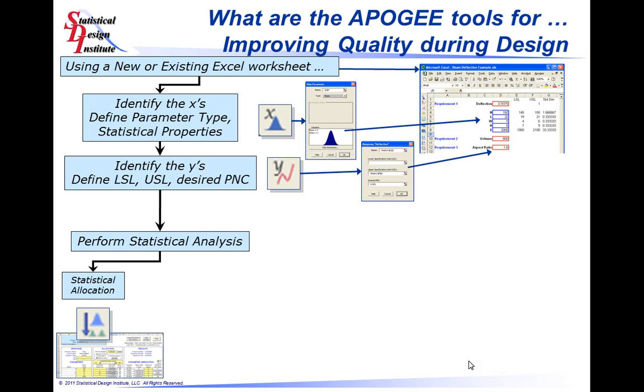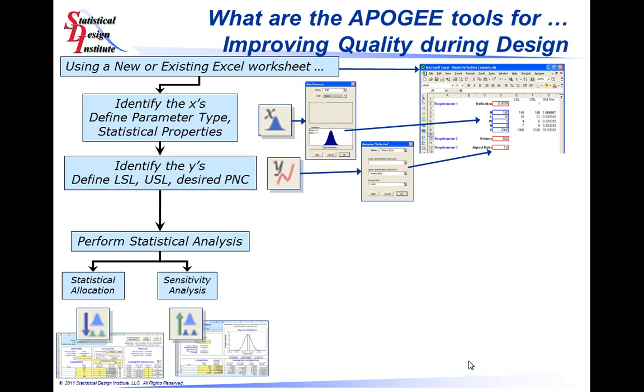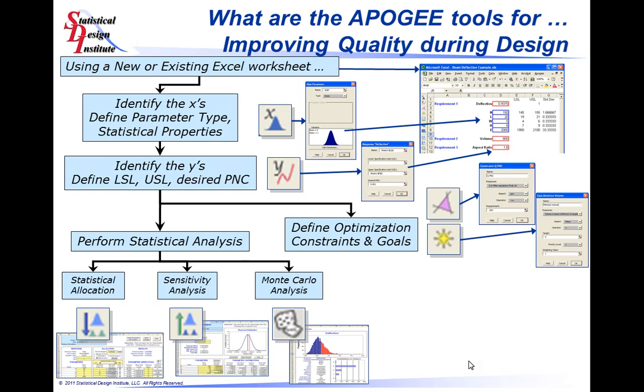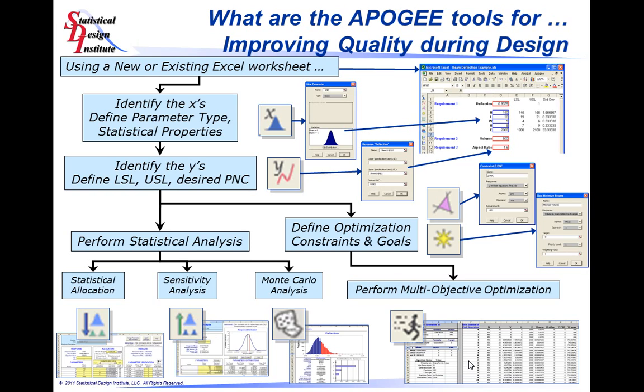Within the SDI Tools Apogee software, you can perform various types of statistical analysis, including a statistical allocation, sensitivity analysis, Monte Carlo analysis, and you can extend this analysis to include optimization to constraints and goals for performing a statistical multi-objective optimization. In this discussion, we will look at the application of sensitivity analysis and Monte Carlo analysis.